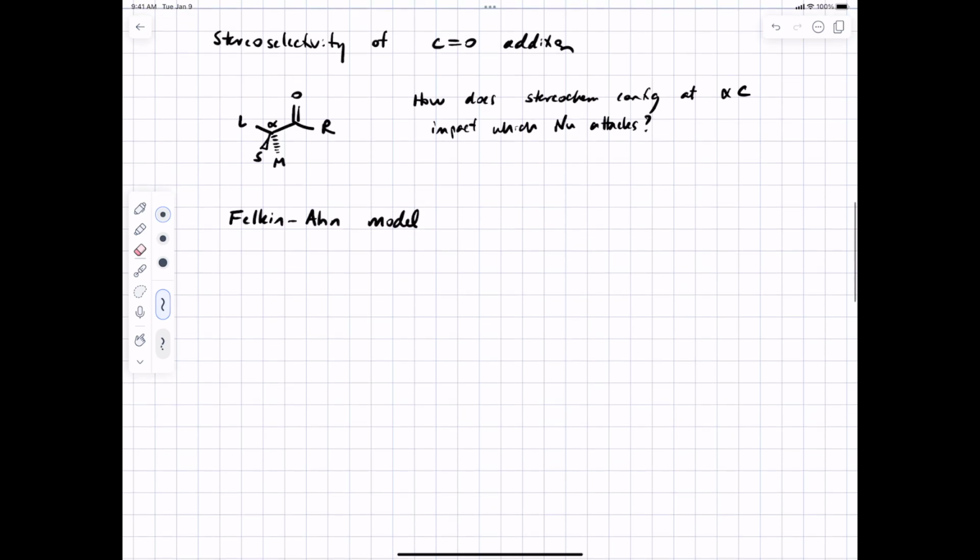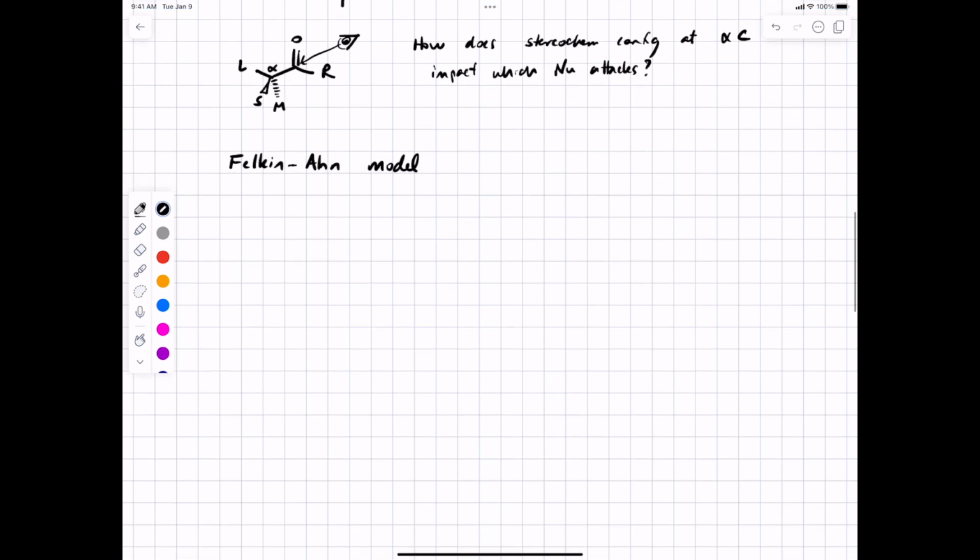The idea is that we're going to take the Newman projection view down this bond between the carbonyl carbon and the alpha carbon. So the carbonyl carbon's going to be in front. Now the two diastereotopic faces of the ketone are on our left and on our right. And then we're going to draw that stereocenter in the back.